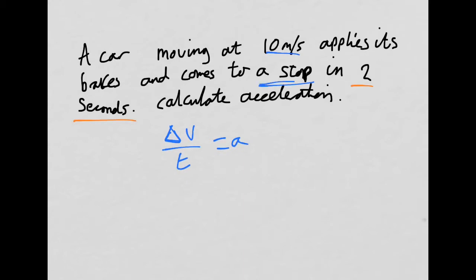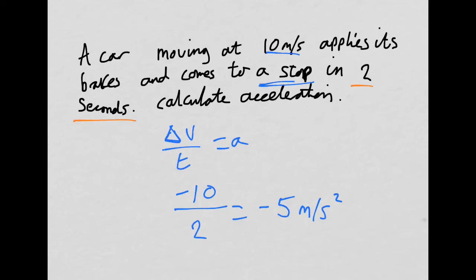But is it 10 or is it minus 10? It's minus 10 because it's gone down from 10 to 0. So it's minus 10 for change in velocity, divided by the time of 2 seconds. Minus 10 divided by 2 gives you minus 5 meters per second squared.